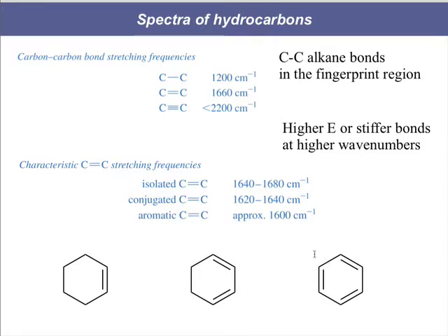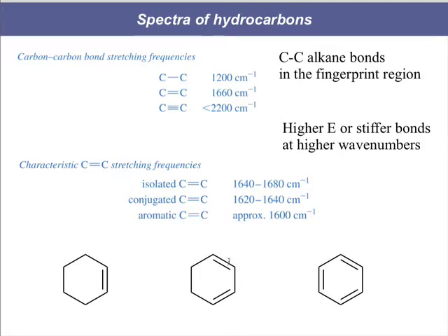Well, 1.5 is between one bond and two bonds. So as we get more conjugated, from a conjugated system to an aromatic system, our double bonds start to look more like single bonds. So our pure 1660 double bonds start to go down in frequency, down to 1600, because they start to look more like single bonds.